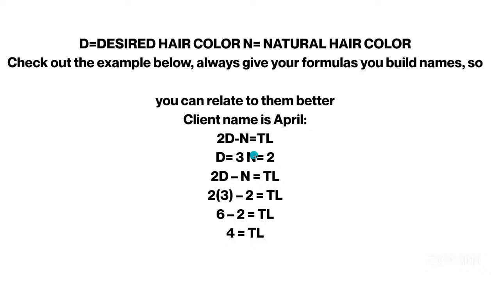Okay. You're going to say 2D minus N equals TL. You're going to write your formula. The D is going to represent the 3. So 2 times 3 minus the N, which is 2. Do the work. 2 times 3 is 6. Bring down your 2. 6 minus 2, your TL is 4.